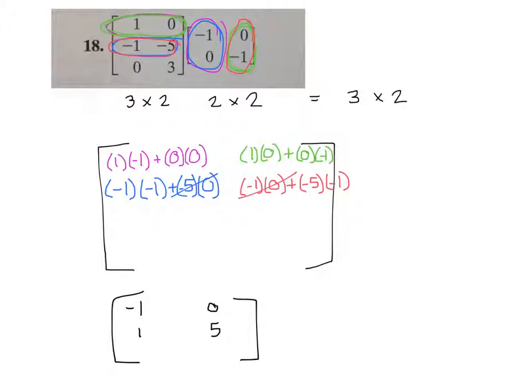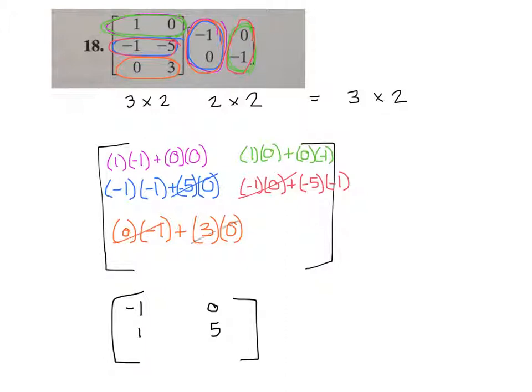I need more colors though. This orange color. For this spot, it's row 3, column 1. So I take my third row and my first column. 0 times negative 1 plus 3 times 0. Well, what happens?